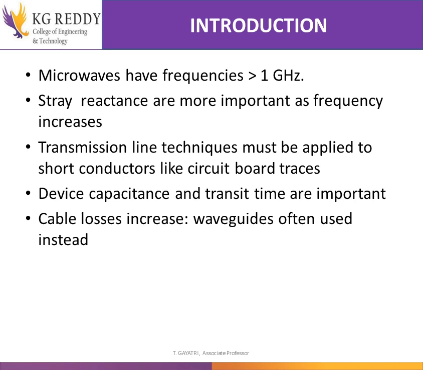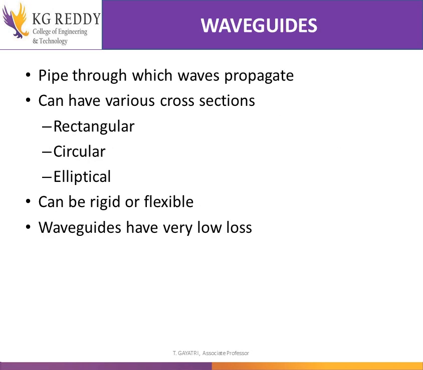Device capacitance and transit time are important. Cable losses increase. So waveguides are often used in microwave transmission, as conventional tubes are not helpful for microwaves because of these reasons. So we are sending the microwave signal through waveguides.